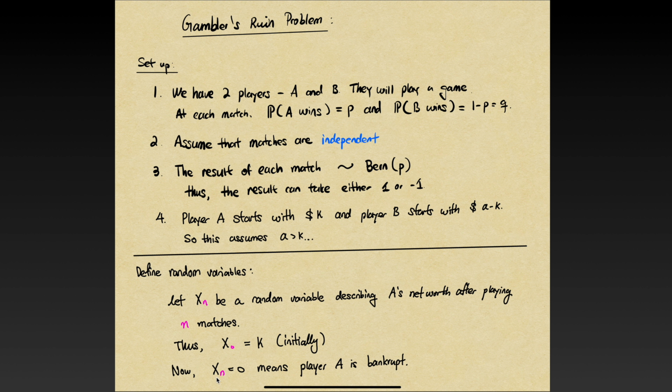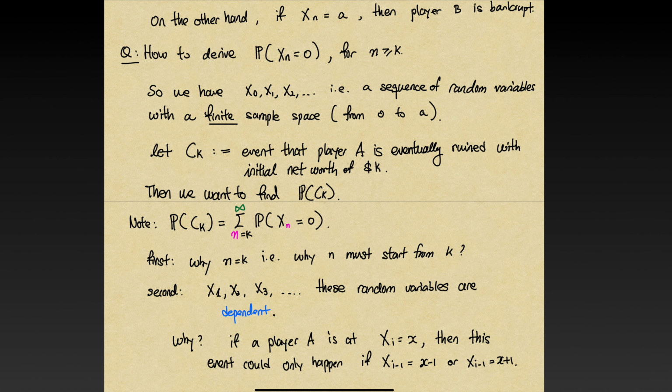And X_n equal to 0 means player A is bankrupt. And that means player B won the game. So the question is, how do we derive the probability of player A going bankrupt? That's what we want to find out.